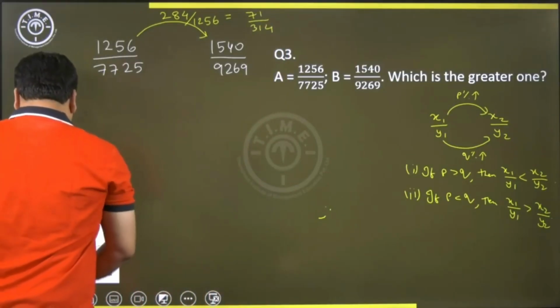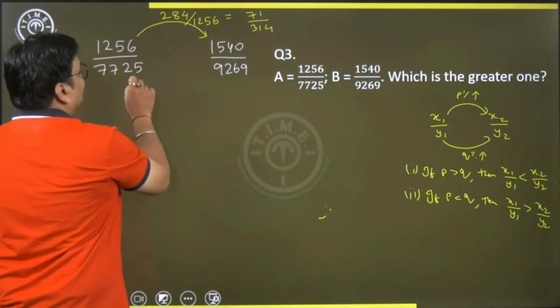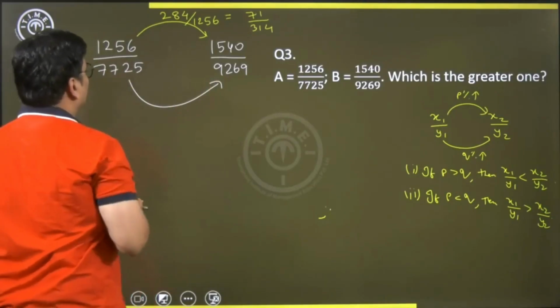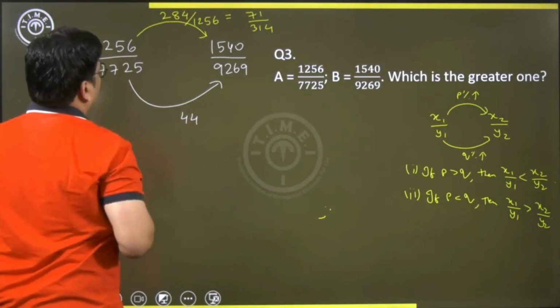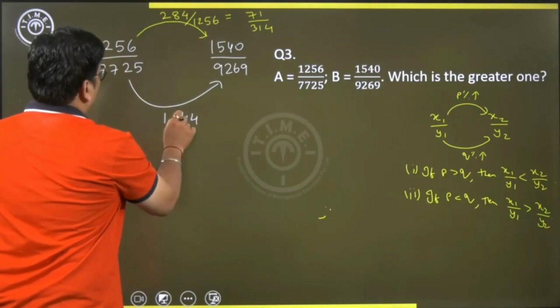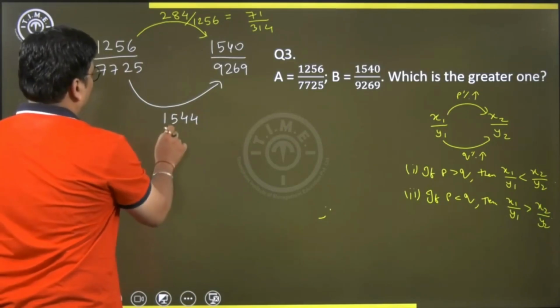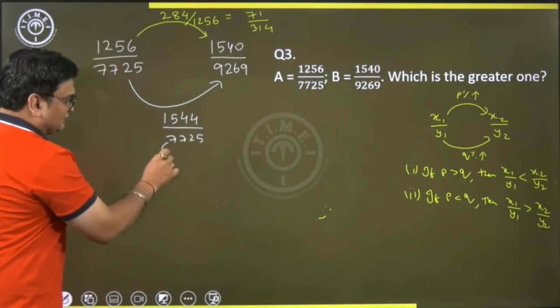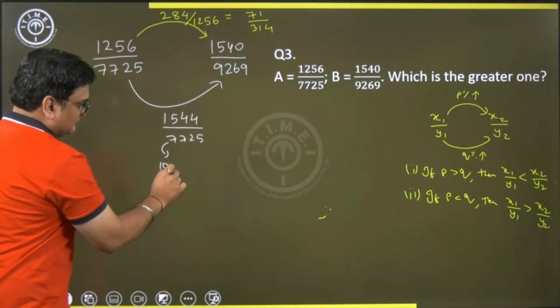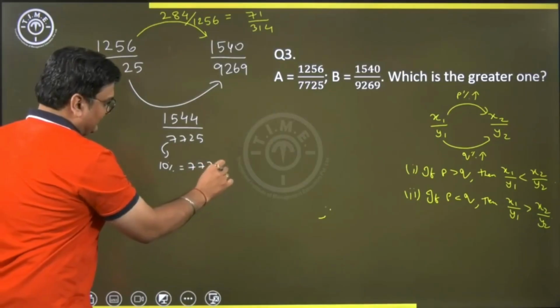What is happening to denominator? Let's notice. From here to here, the denominator is growing by how much? 7725. So it's going to be 44 and 1544. 1544, right? On 7725. Okay. Now let's take 10% of this value. It's 772.5.